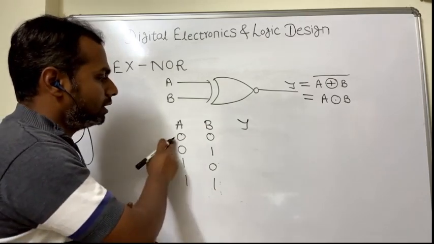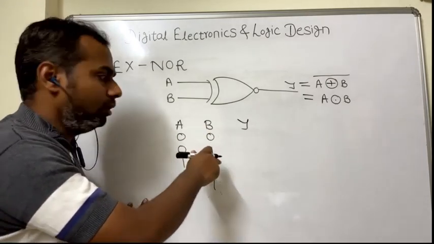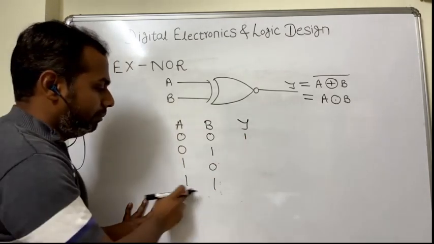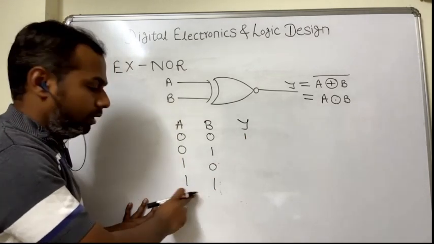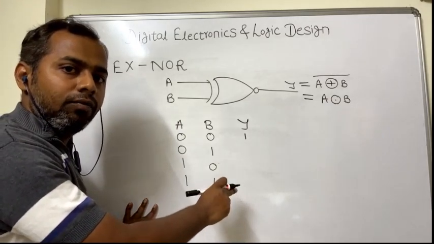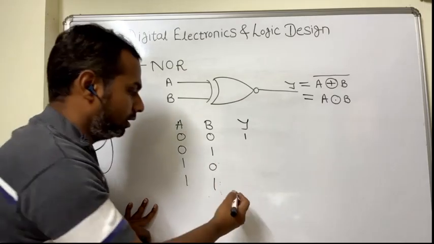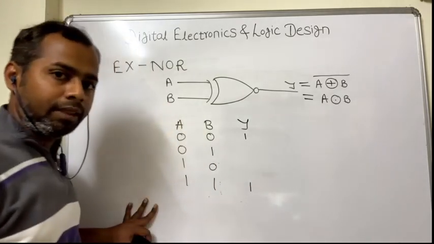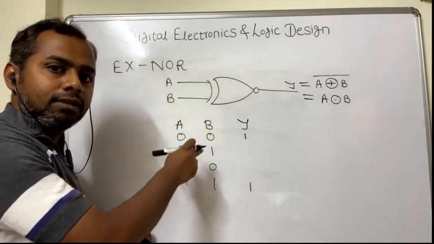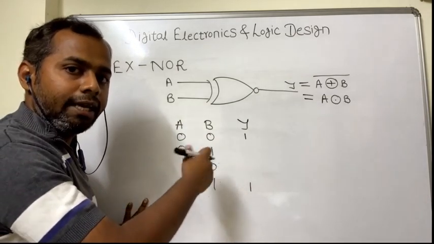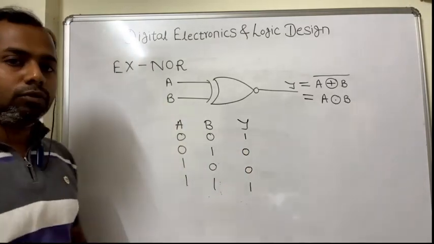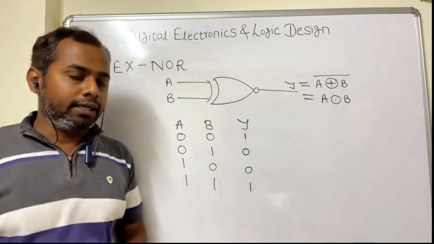So if both the values are 0, in XOR it is 0, but in XNOR it is complement value, that is 1. Similarly for row number 4, both are similar. In XOR it is 0, but in XNOR we have to take the complement of XOR, so that's why it is again 1. And if any one of them is 1, then it is 1 in XOR. So in XNOR we will take its complement, so it is 0. So this is a truth table for XNOR gate.